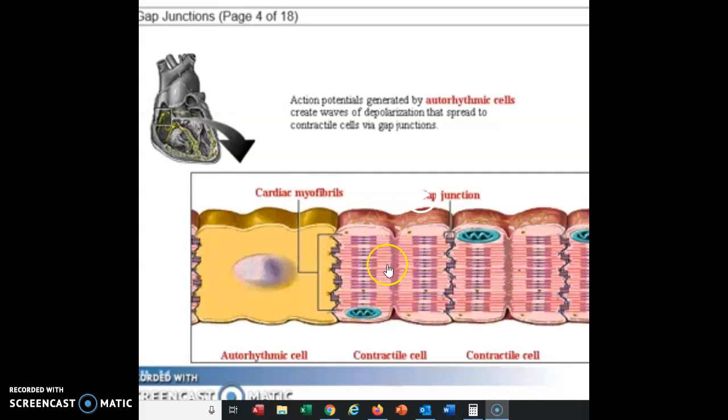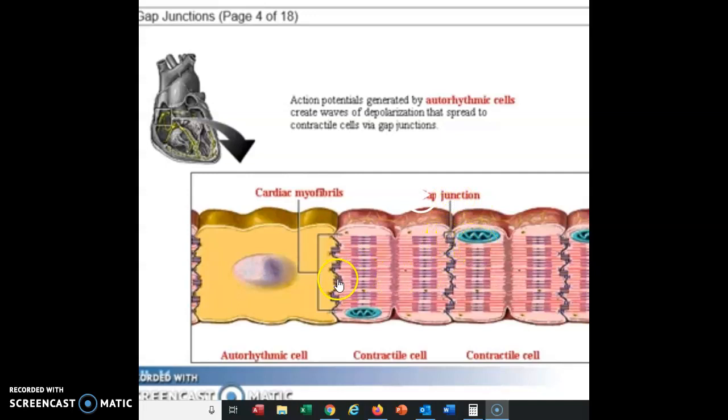And so this cell is going to be connected to this cell. Now remember, where cardiac muscle cells attach to each other, that's where we have an intercalated disc. And within the intercalated discs are these specialized cell proteins that are anchoring the cells, called gap junctions. But gap junctions, along with desmosomes, not only anchor, they also allow ions to pass from one cell to another.